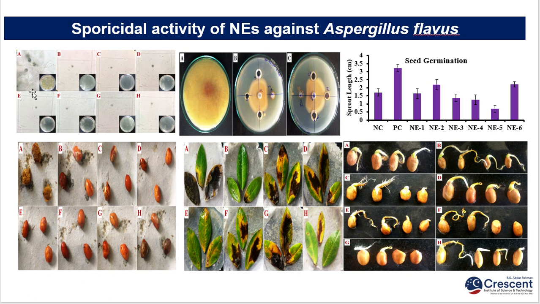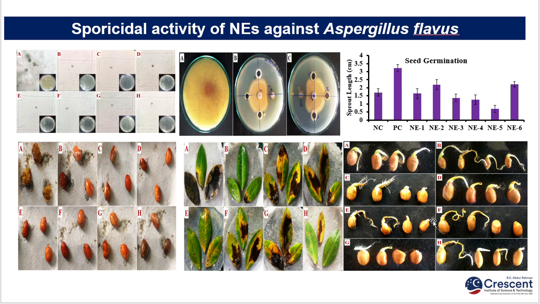The same was confirmed by microscopy and other assays. You can clearly see the nano emulsion is not allowing the Aspergillus flavus to grow. And here, after this infection study, we even tried to grow these peanuts.